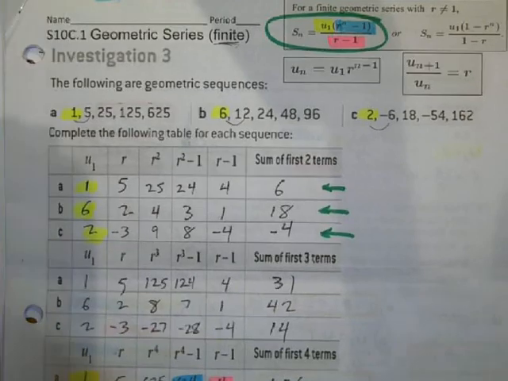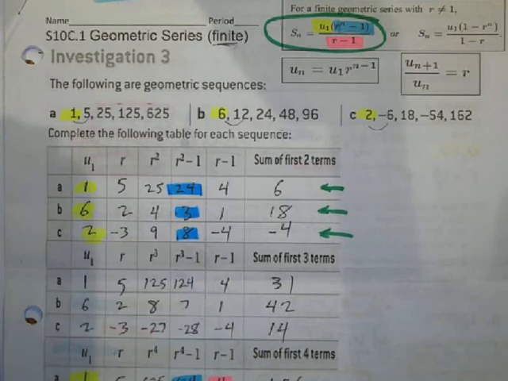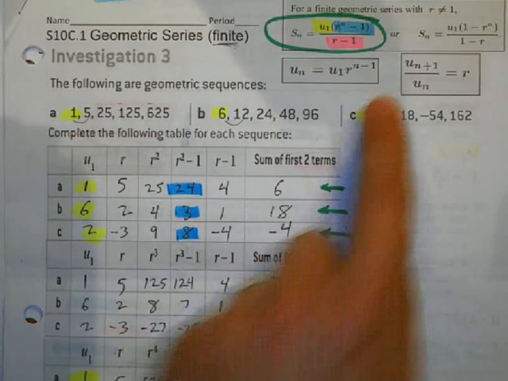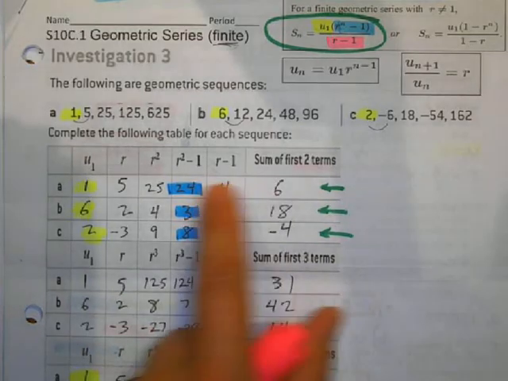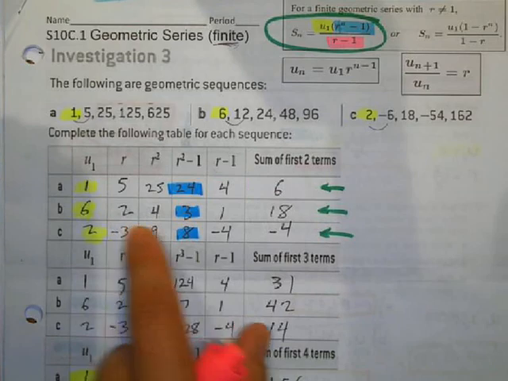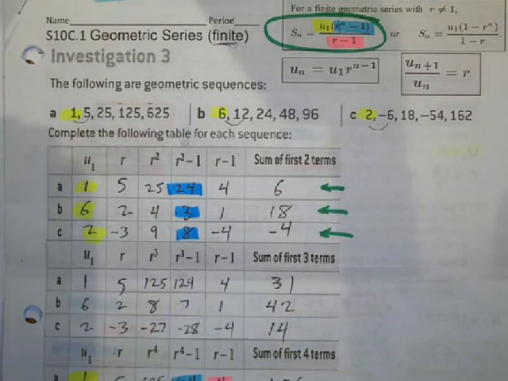And this value here, I'm going to highlight in blue just to help us see what we're going to notice soon. And R minus 1, so 5 minus 1 is 4, 2 minus 1 is 1, and negative 3 minus 1 is negative 4.